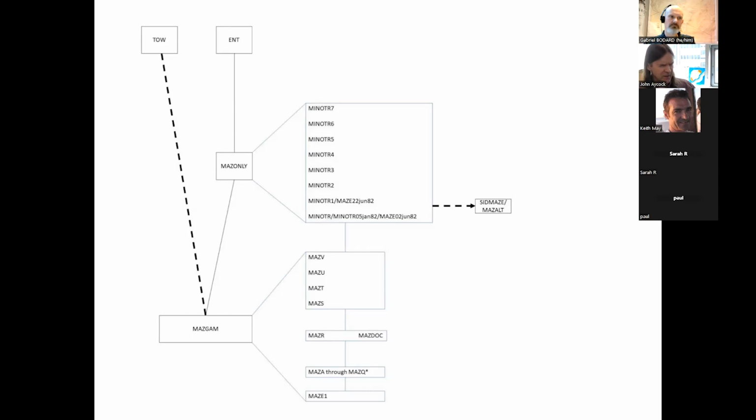I believe the archaeogaming.com site does have a bibliography of a whole bunch of different Archaeogaming publications. So you can get a sense of the scope of what people are doing.